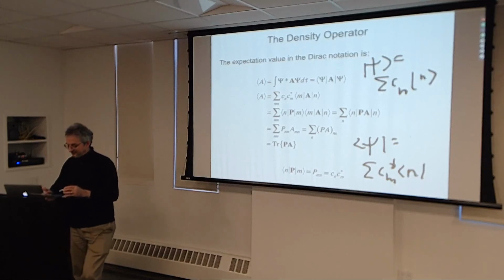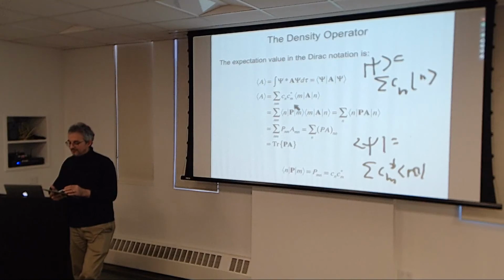If I substitute in, I then have a double summation. I have to keep the two indices separately. Oh, I should put an m here. So I have a double summation over m and n. And now I have this bra-ket sandwiching the operator.